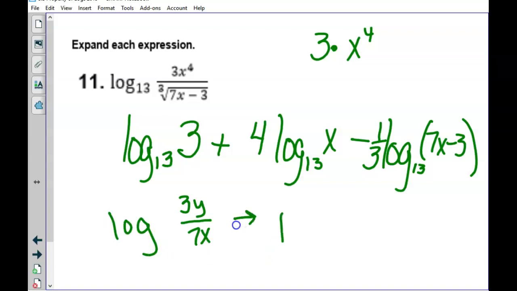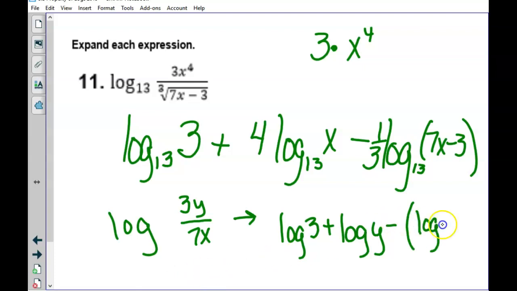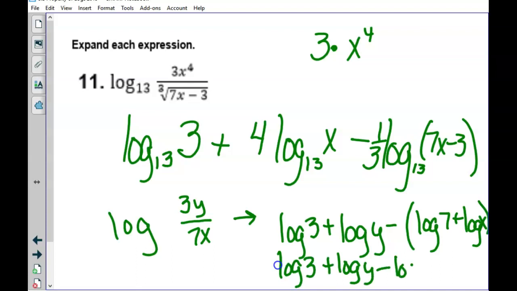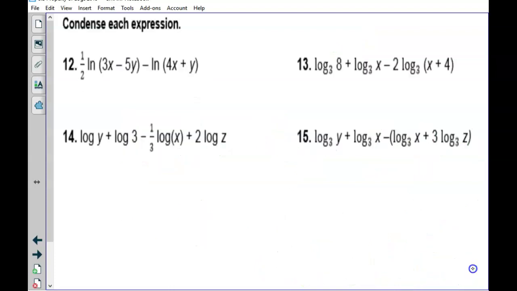You would separate that to log 3 plus log y minus, and then you could say all of this is in the denominator together, log 7 plus log x, or you could distribute the negative because they're both in the denominator, so it is the same as saying this, because they're either a quantity that's multiplied or they're each separately being divided by. Okay, does that help? Great question.